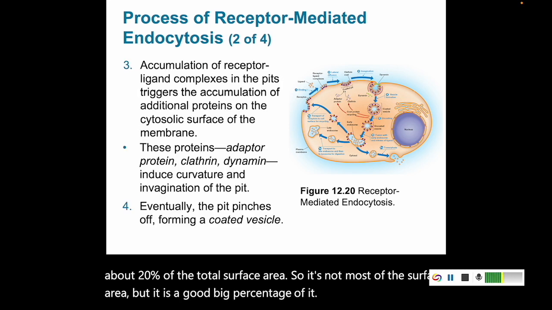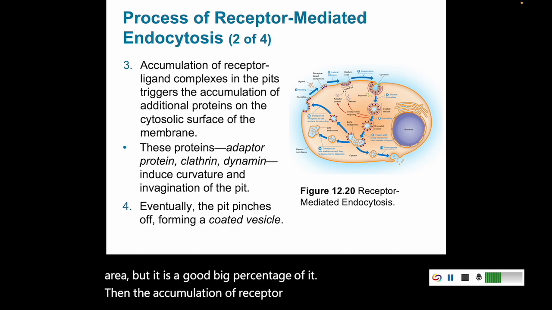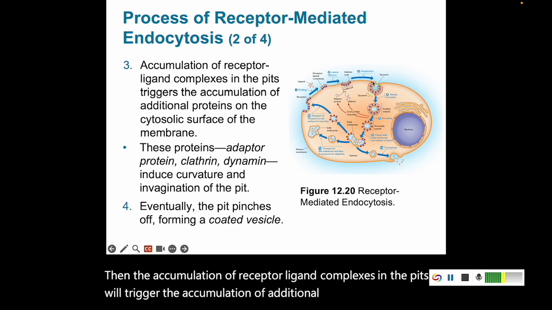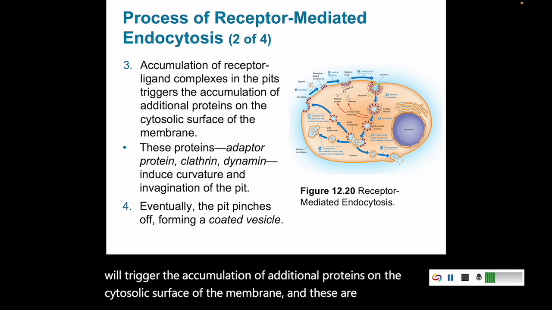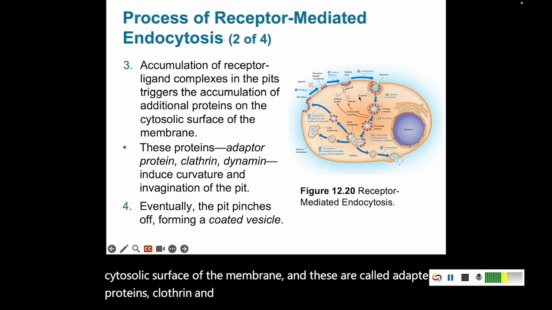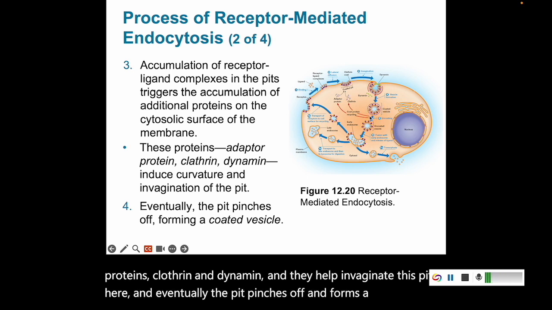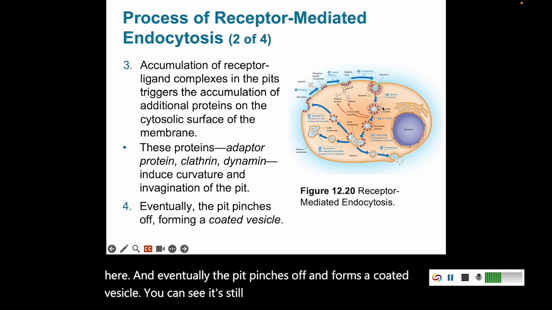Then the accumulation of receptor-ligand complexes in the pits will trigger the accumulation of additional proteins on the cytosolic surface of the membrane. And these are called adaptor proteins, clathrin and dynamin, and they help invaginate this pit here. And eventually the pit pinches off and forms a coated vesicle. You can see it's still got things like clathrin around the outside of it.